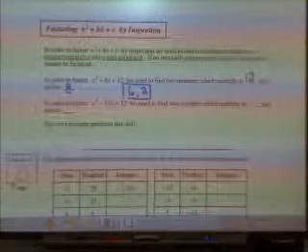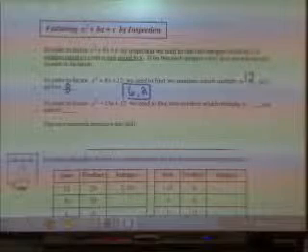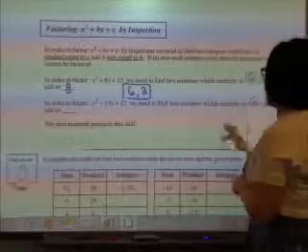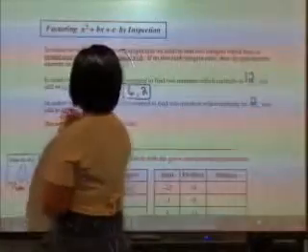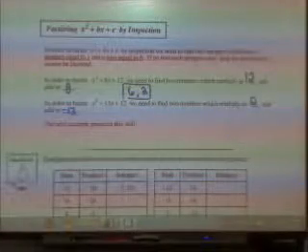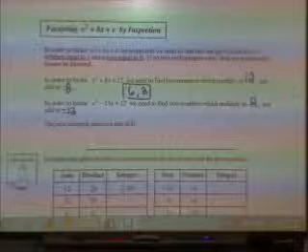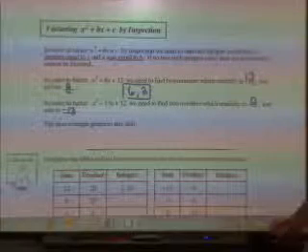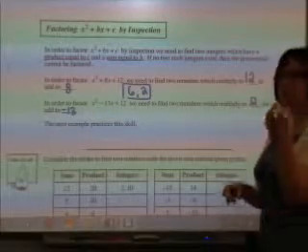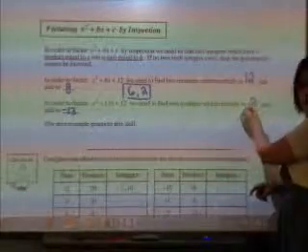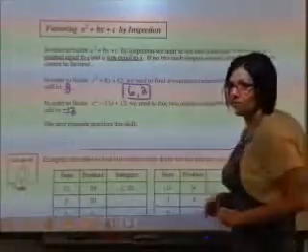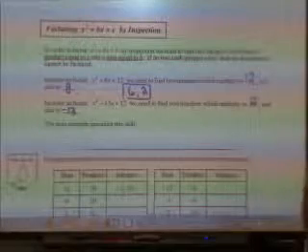In order to factor x squared minus 13x plus 12, I need two numbers that multiply to 12 and add to negative 13, because there's a negative in front of that. So give me two numbers, or what do I know about these two numbers if they have to multiply to 12 and add to negative 13? They have to be two negatives, because two negatives multiplied together will give me a positive, and two negatives added together will always give me a negative. So what are my two numbers?